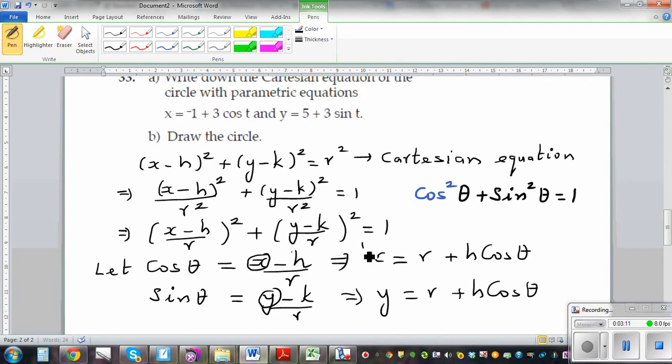I told you there's a problem with the Cartesian form. The Cartesian form defines a circle with respect to the center and the radius, whereas a parametric equation defines x and y in terms of theta, and that is useful.